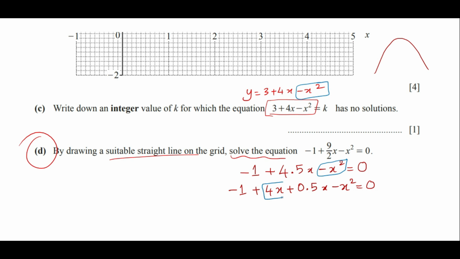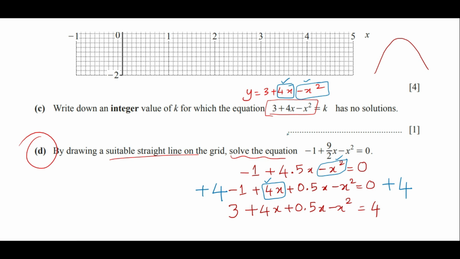Now I have the 4x term. What is left is a plus 3, but here I just have minus 1. So how can I get a plus 3 there? I will add 4 to both the sides of the equation. So this equation will become 3 plus 4x plus 0.5x minus x squared equals 4.